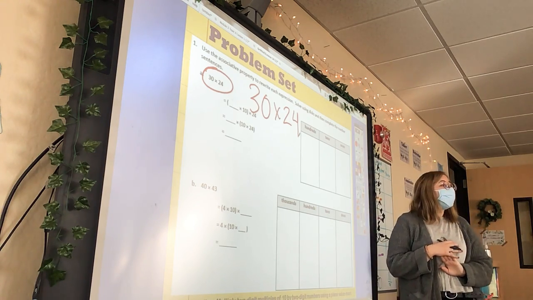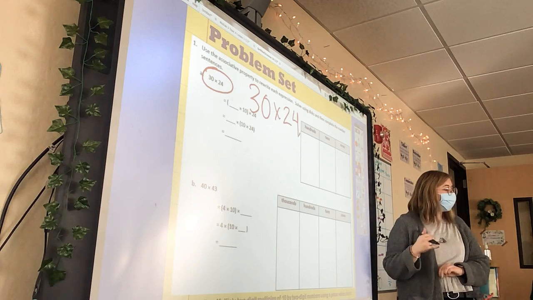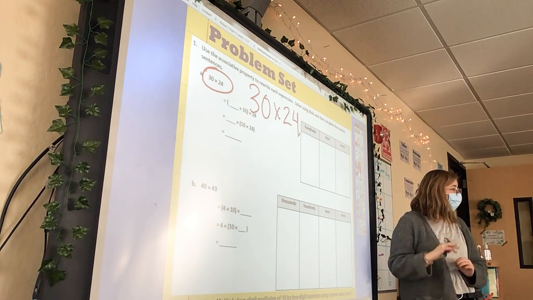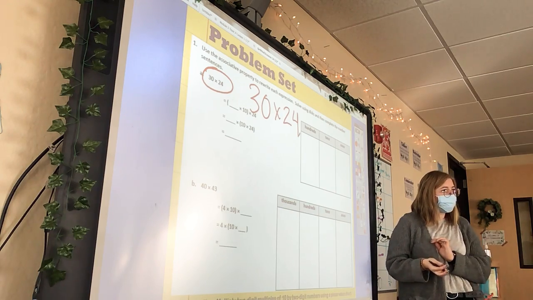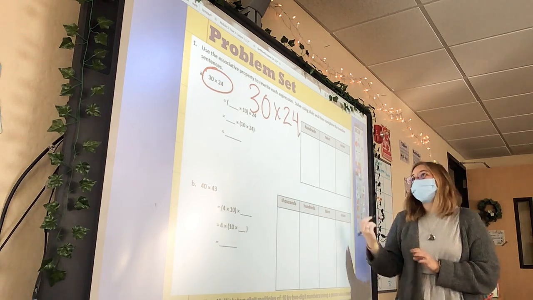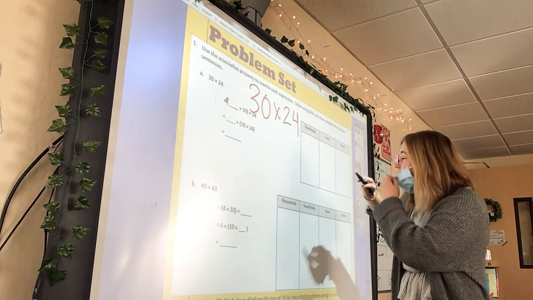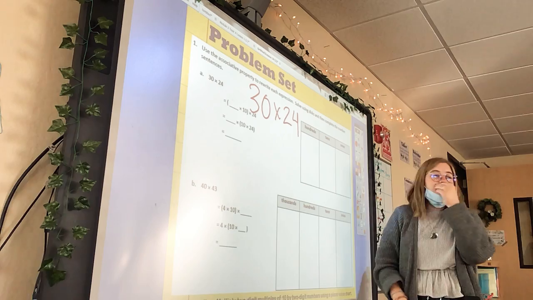Before we even get to the place value chart stuff, I really want you to be paying attention to the part where we split up the equation. The word for what we're solving is called an equation.